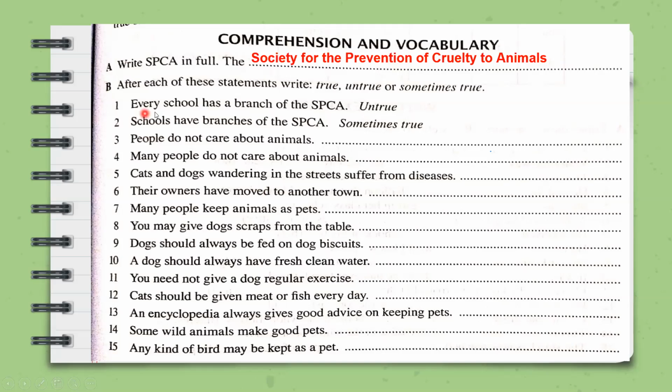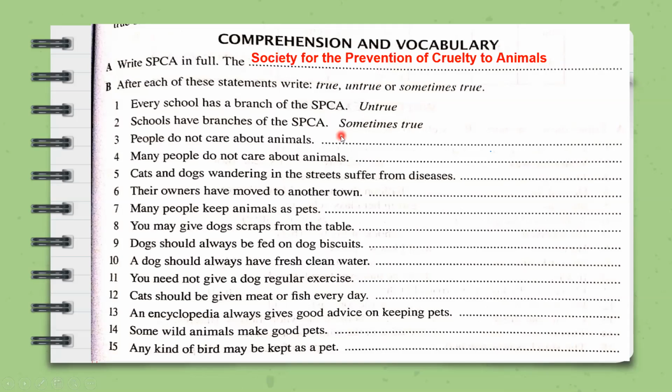Number one is given: every school has a branch of the SPCA. I think it's untrue because every school hasn't a branch, so untrue is already given. Number two, schools have branches of the SPCA. Sometimes true. Schools means many schools or the majority of the schools are few, but sometimes true. Number three, people do not care about animals.